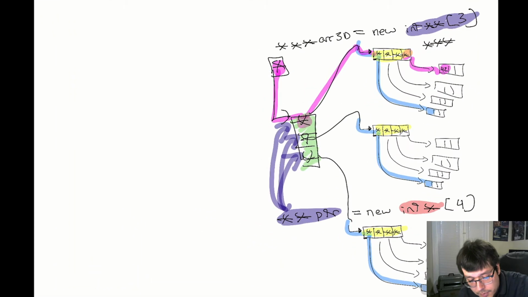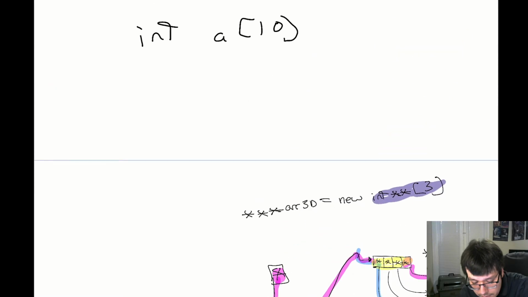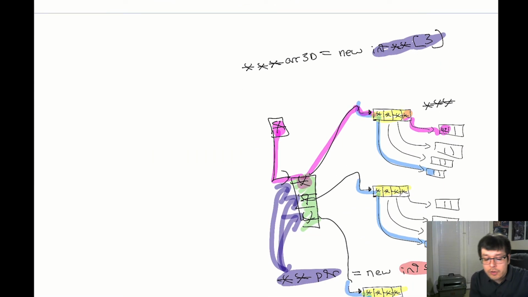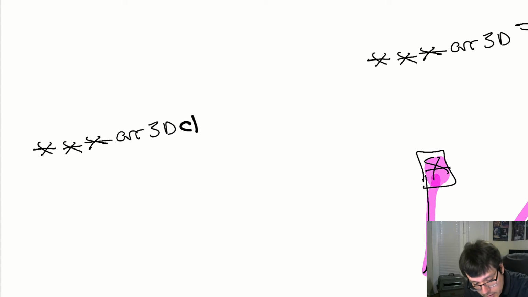You're familiar with this picture because I've been talking about it for the full class. So when I make the 3D clone array, I'm taking this and I'm making this thing called 3D clone and I'm assigning it AR3D, right?